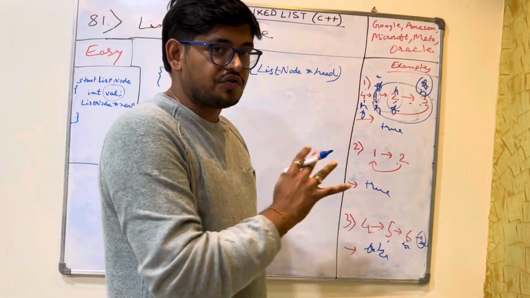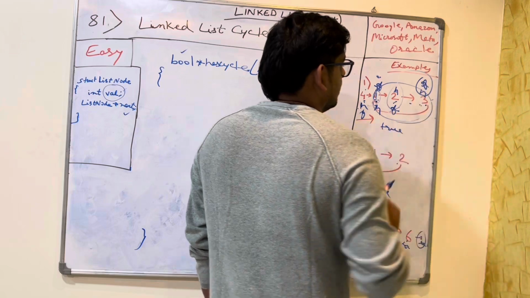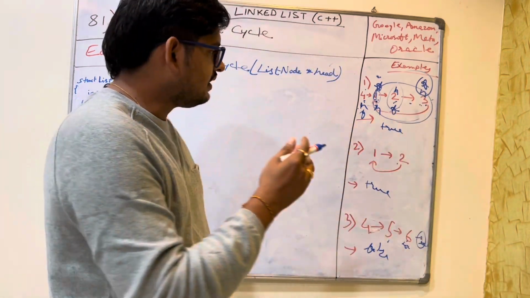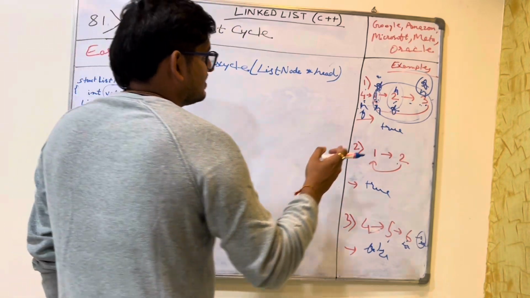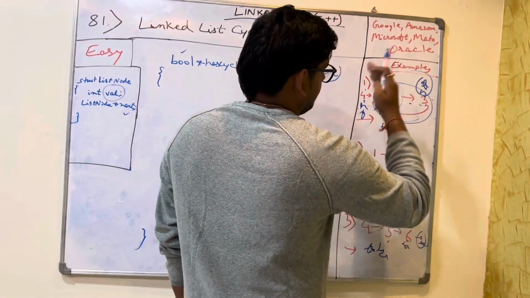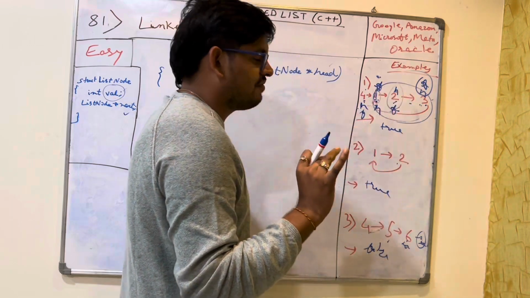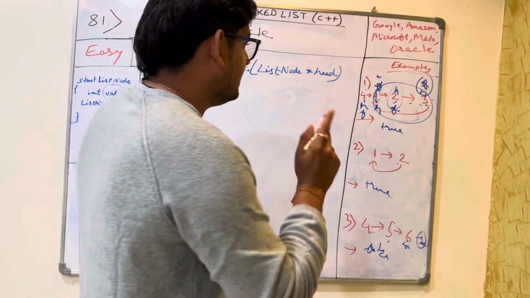Because if there was no cycle, they would have never met, because fast would have come to the end, right? Fast would have ended. But since fast is not ending, not coming to null, and it's repeating, at one point both of them will be at the same point, and that would be our termination condition. You'll understand that it is a cycle.